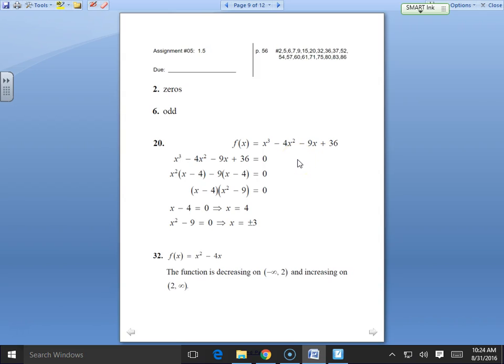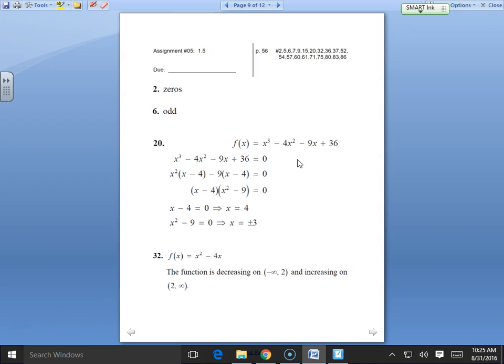Number 20. Let me give you a second to check it out. You're supposed to solve for the zeros. And the only reason I expected you maybe to be able to get this one, even though it was a nasty cubic, was because grouping actually worked, which doesn't always happen.